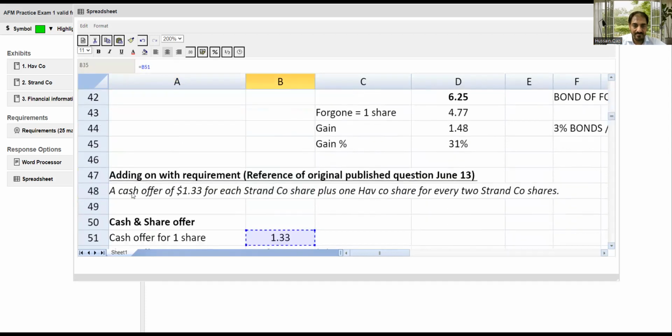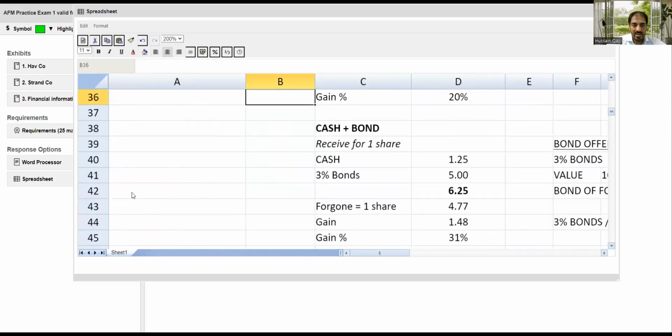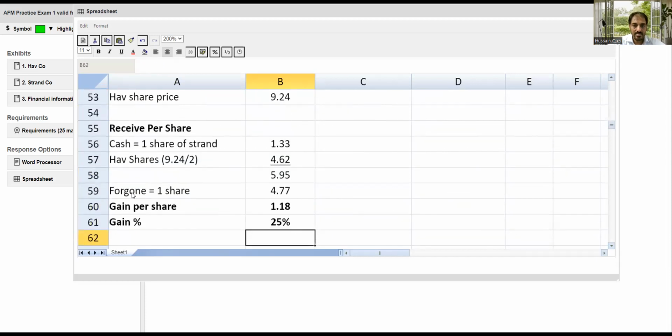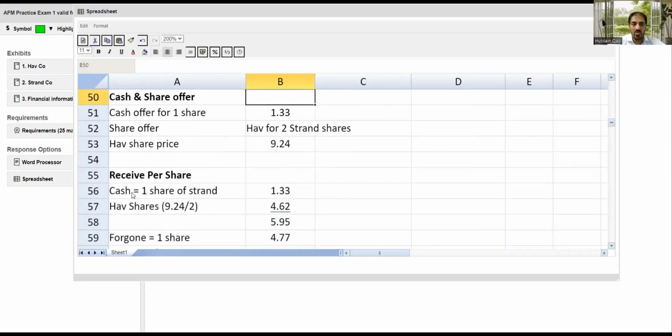So that is the premium offering 25%. So I hope it's clear to you.